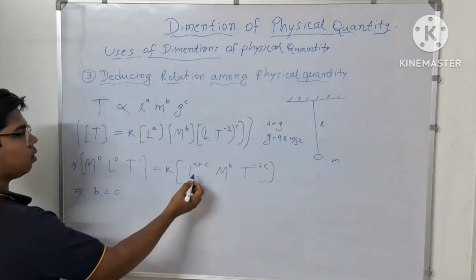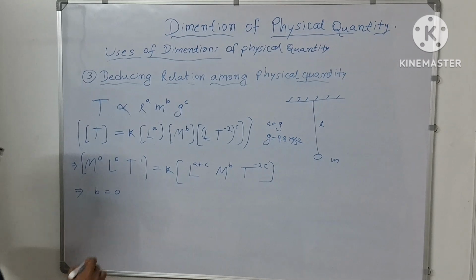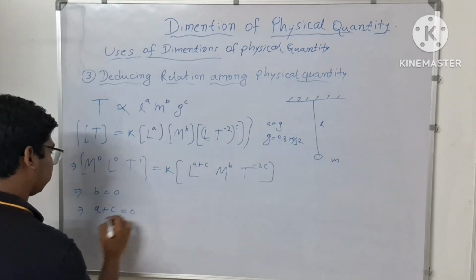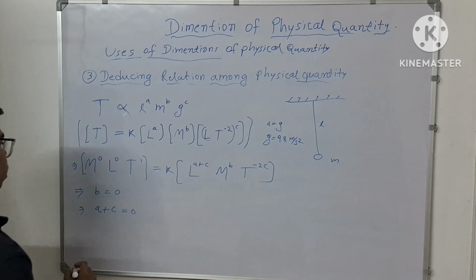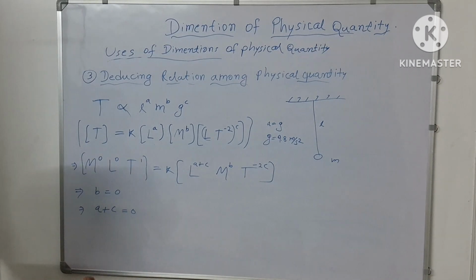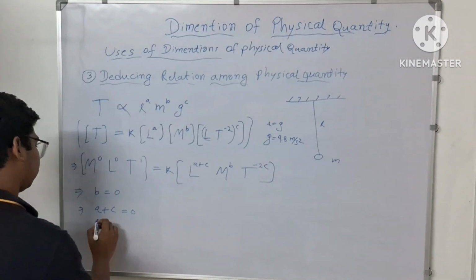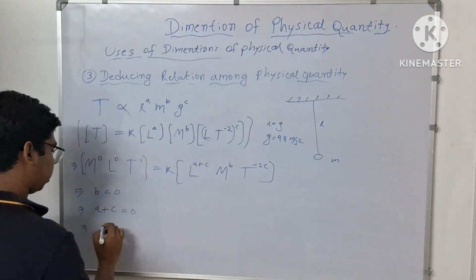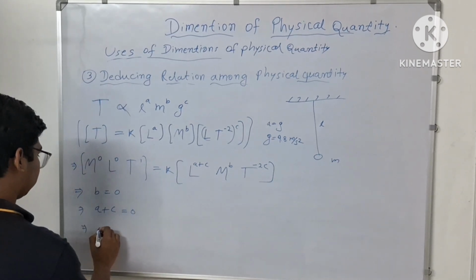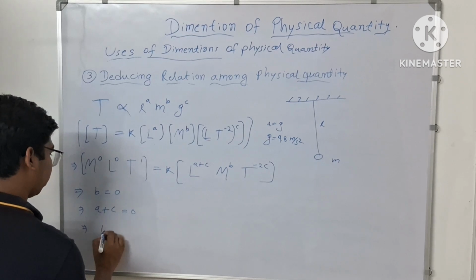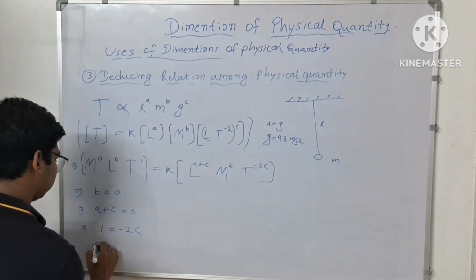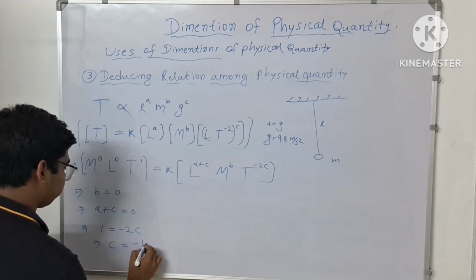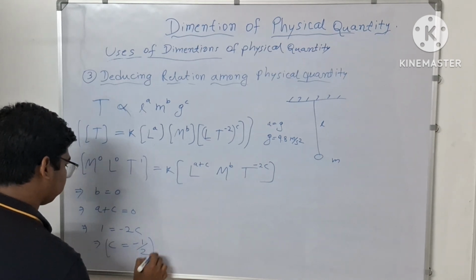Similarly for length, it is 0, so length power a plus c equals 0. And for t, here is 1, this side is minus 2c, so 1 equals minus 2c, and from here we find c equals minus 1 by 2.